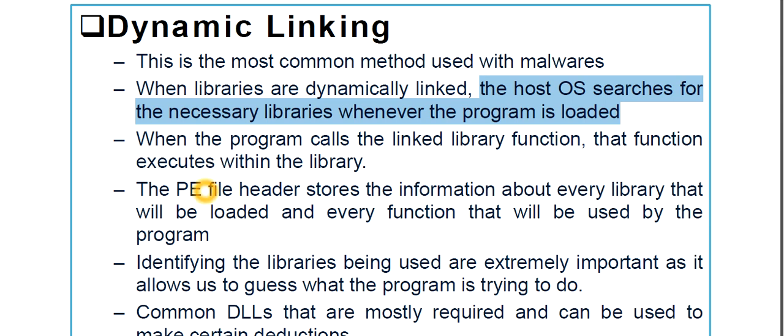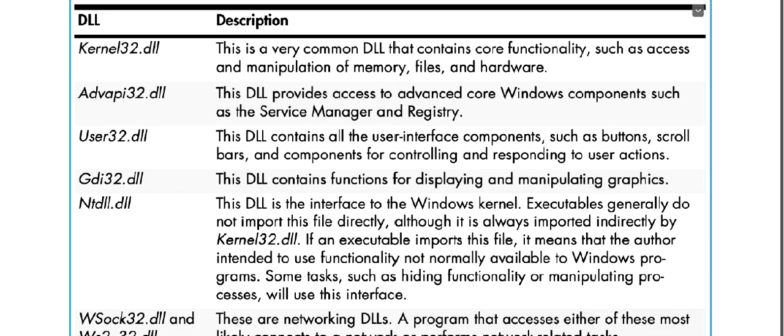The PE file header stores the information about every library that will be loaded and every function that will be used by the program. So identifying the libraries being used is extremely important, as it allows us to guess what the program is trying to do.